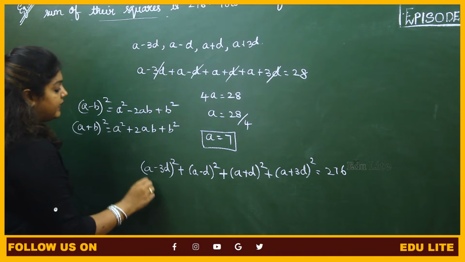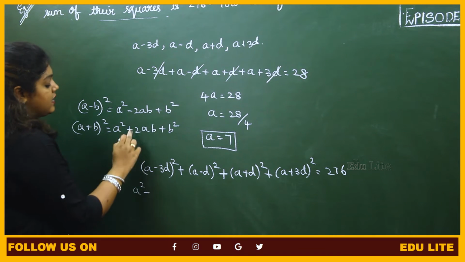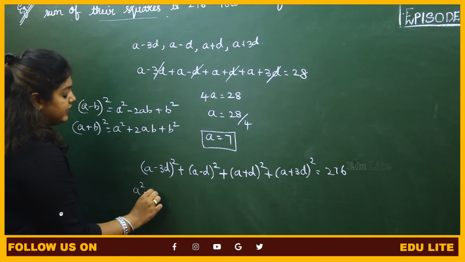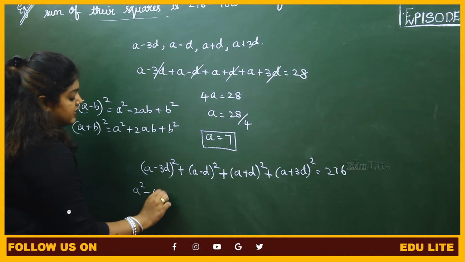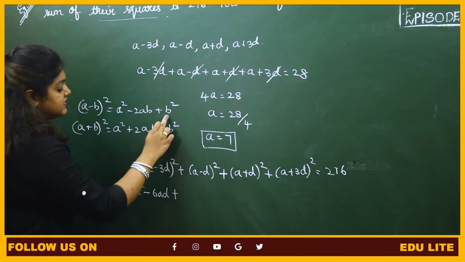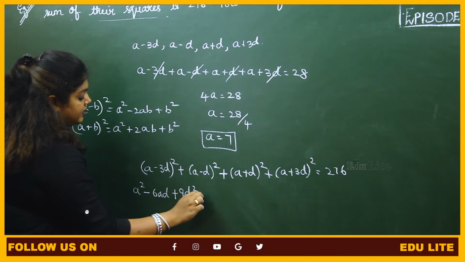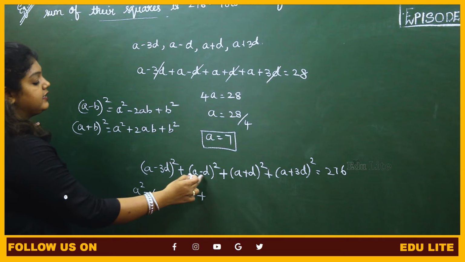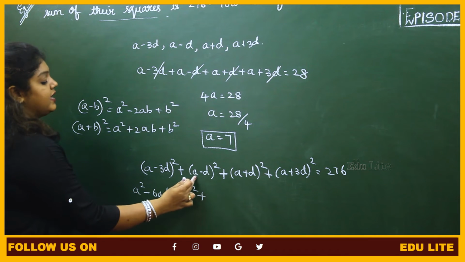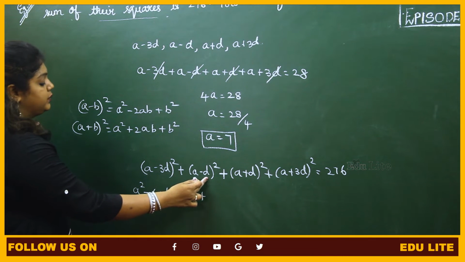A squared minus 2 into a into 3d, which gives 6ad, plus b squared, which is 3d squared, is 9d squared. So the first term is complete. The second term is a minus d whole square. A value is a, b value is d.